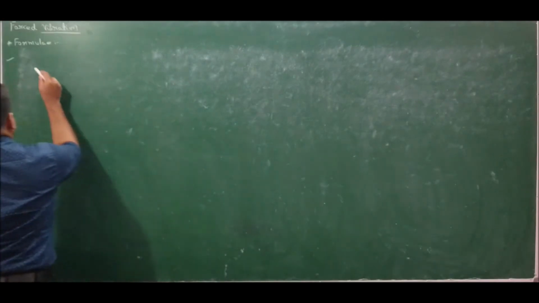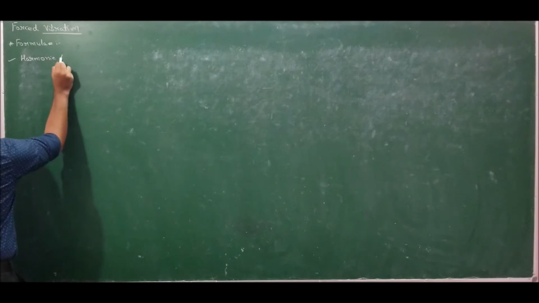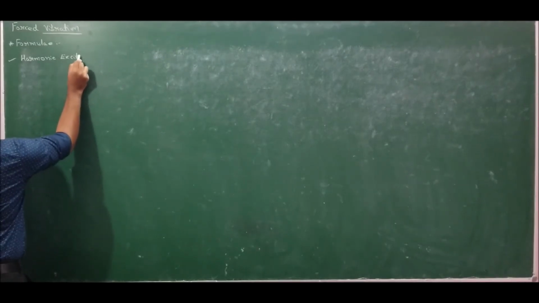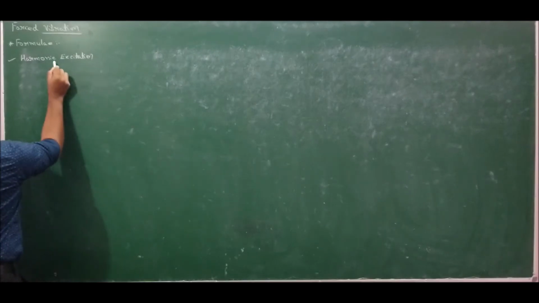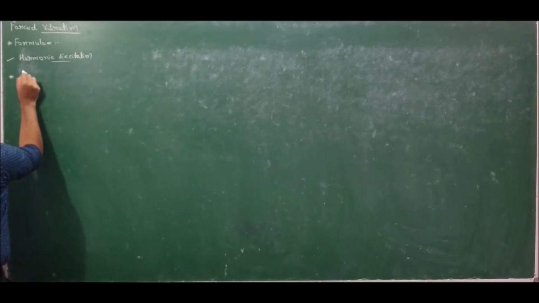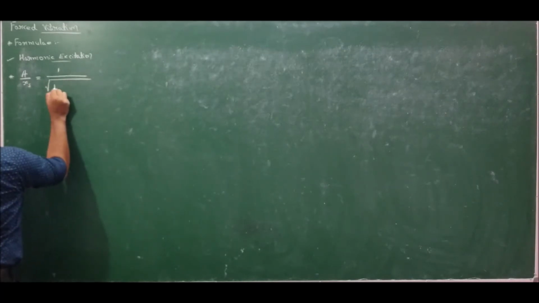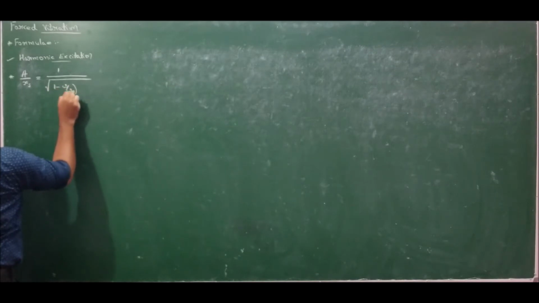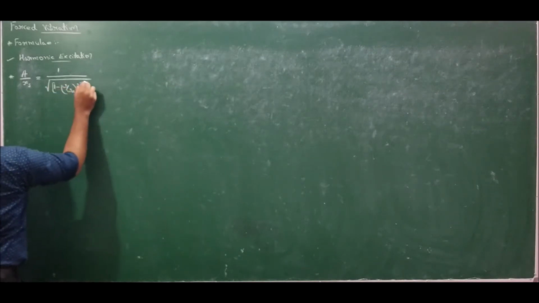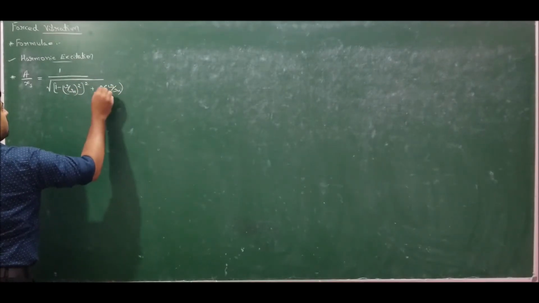In harmonic excitation, we have derived expressions for magnification factor or amplitude ratio, which is given by A by static deflection XS, which is equal to 1 divided by square root of (1 minus omega by omega n whole square) plus (2 zeta omega by omega n whole square).